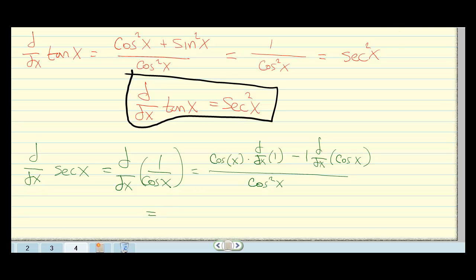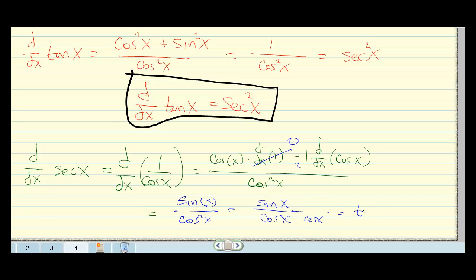And this simplifies out quite easily because we have so many things that simplify nicely. The derivative of 1, since that is a constant, is 0. The derivative of cosine of x is minus sine. When we couple that with the minus 1 here, we end up with a positive sine of x divided by cosine squared of x. We can break this up. The denominator is really cosine of x times cosine of x.